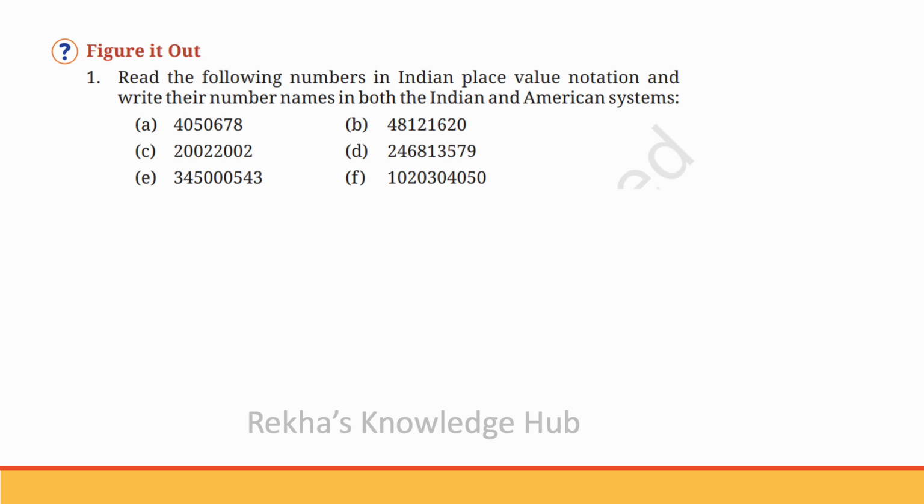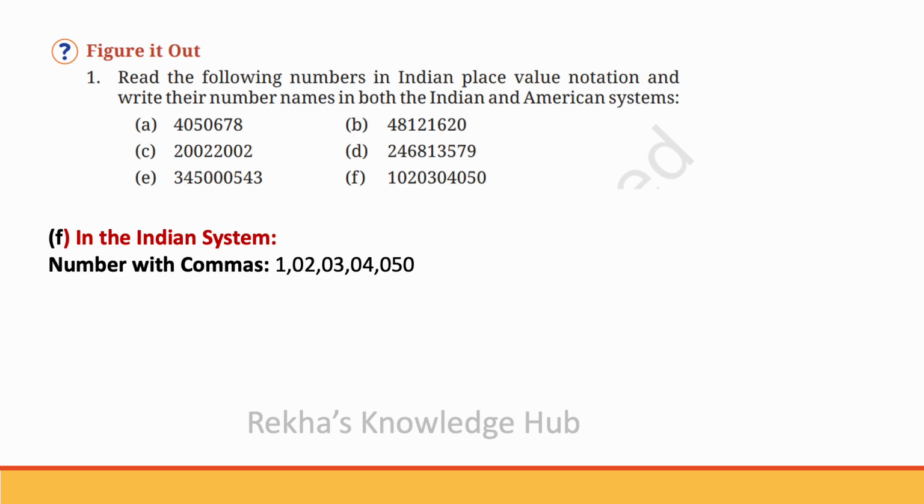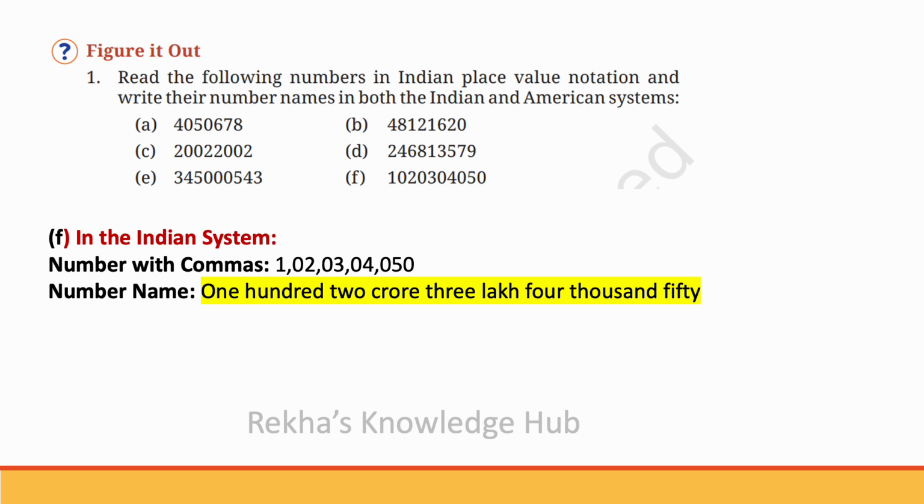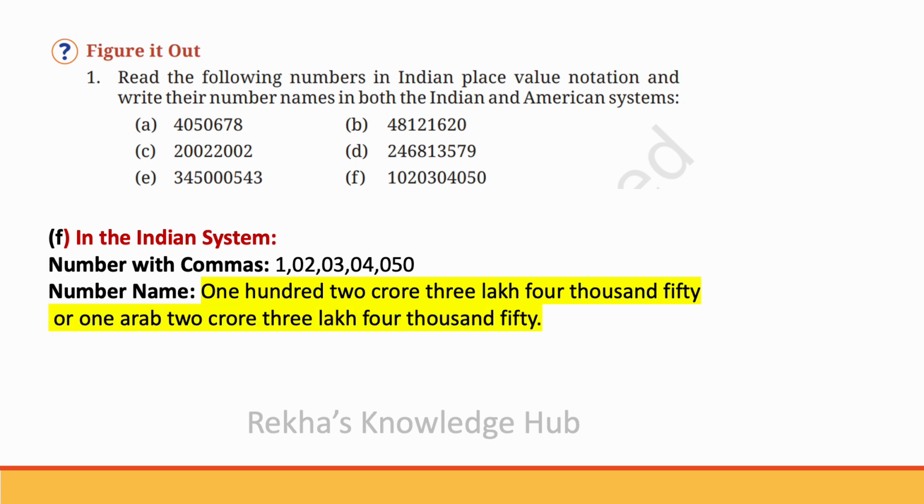Next number is 102030404050. So in Indian system, we can write like this: 1,02,03,04,050. The number name is 102 crore 3,04,050, or 1 Arab 2 crore 3,04,050.